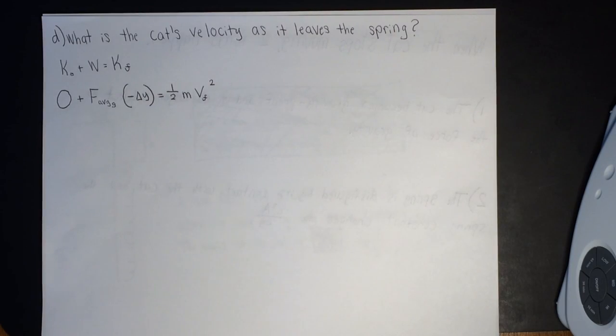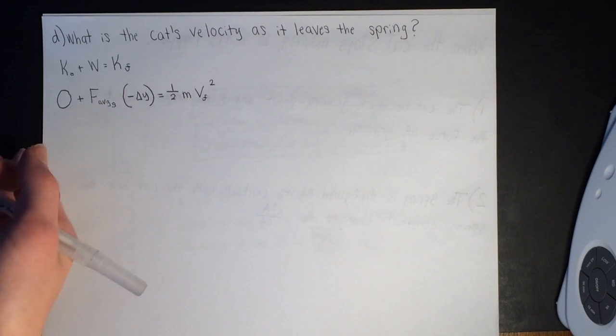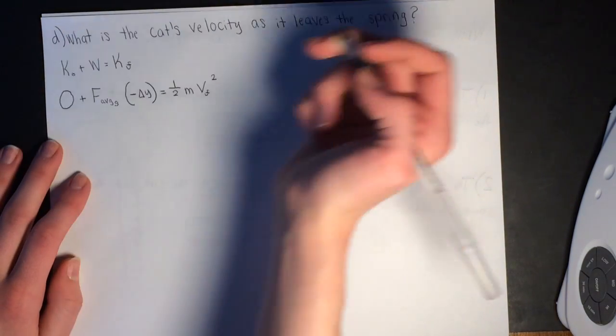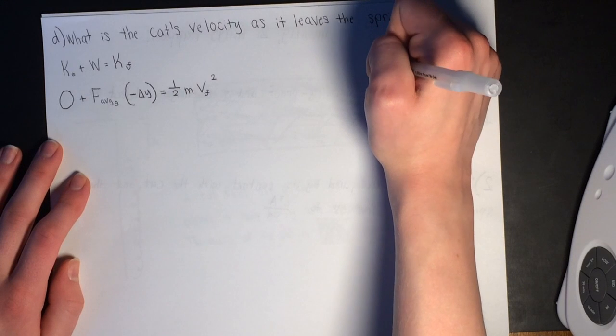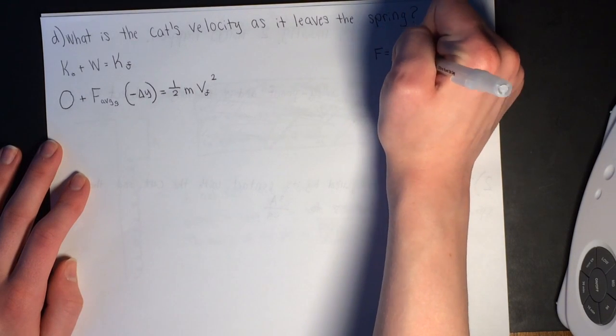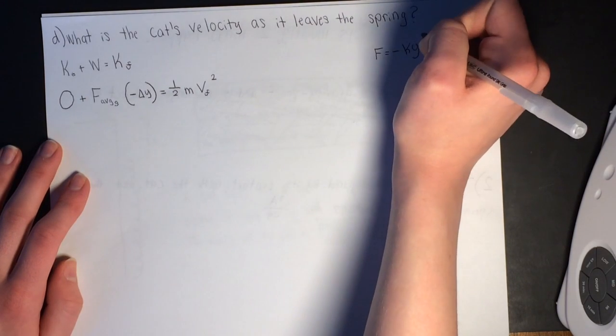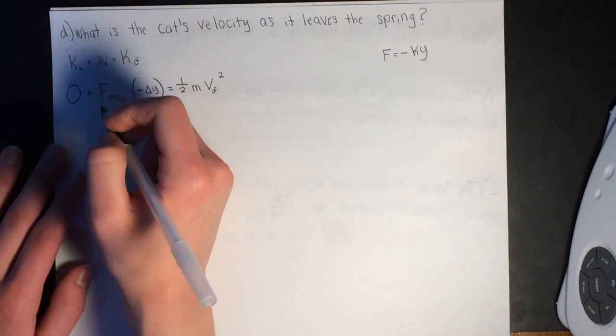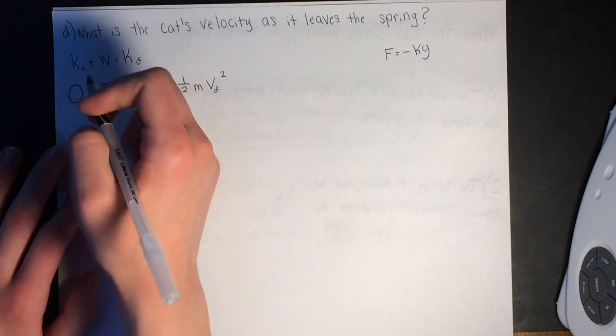Okay, we're going to use a little bit of physics here. Get rid of the 0. We know that the average force of a spring is, we'll go back to the force equals negative ky, because remember the spring constant changed, so it's not c anymore. So for right now, we'll just represent it by k.